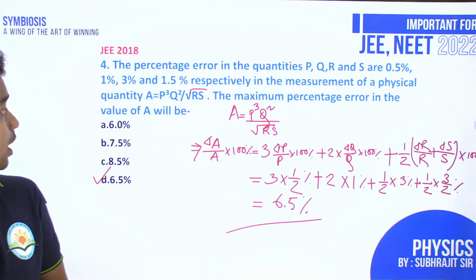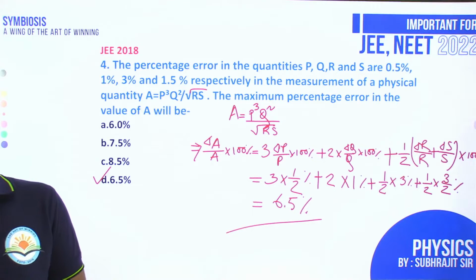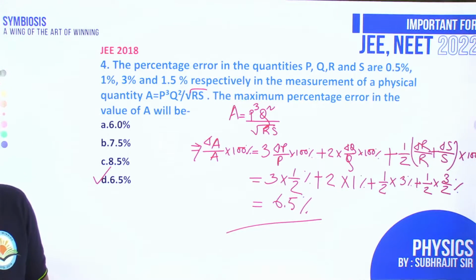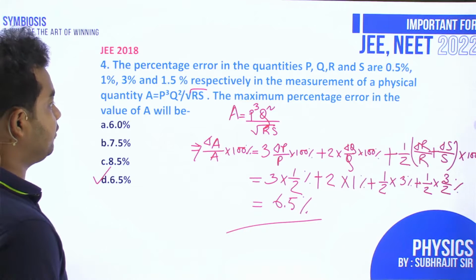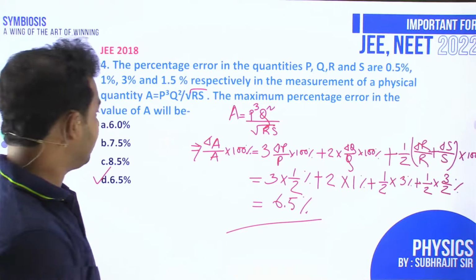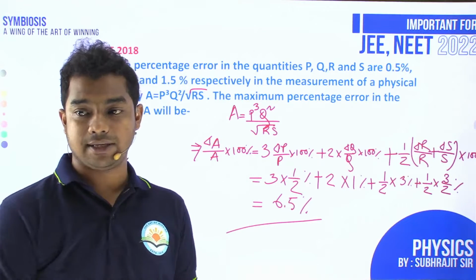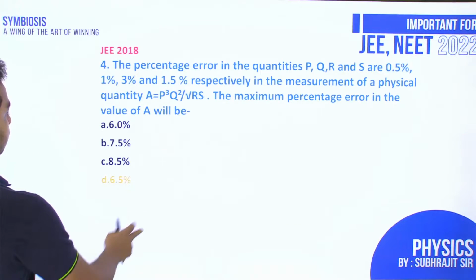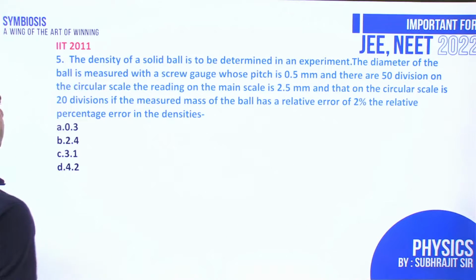So the correct option of question number 4 is option number D, 6.5%. So the maximum percentage error in the value of A will be 6.5%. Now move on to the next question.